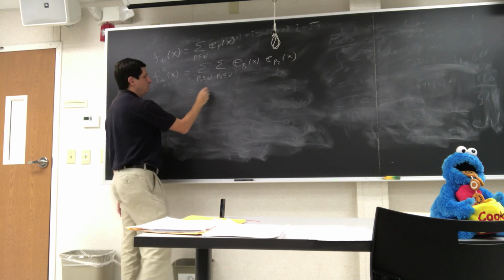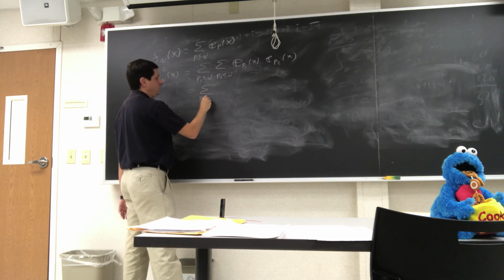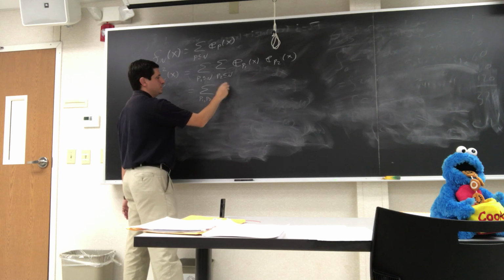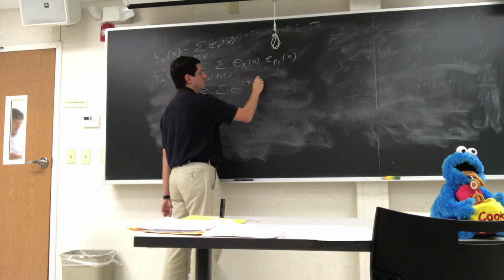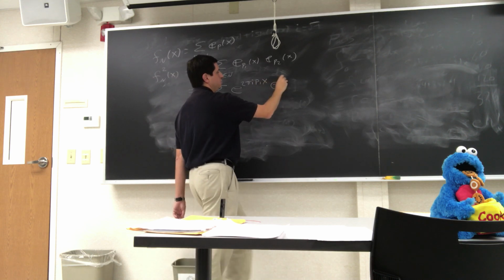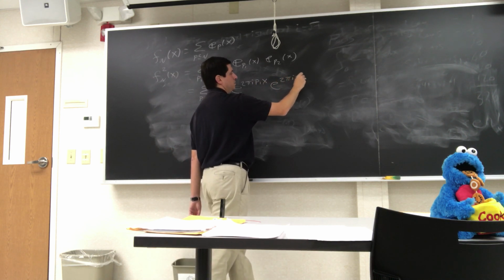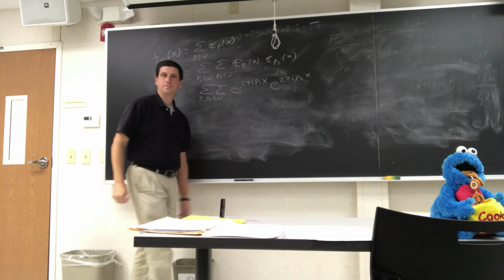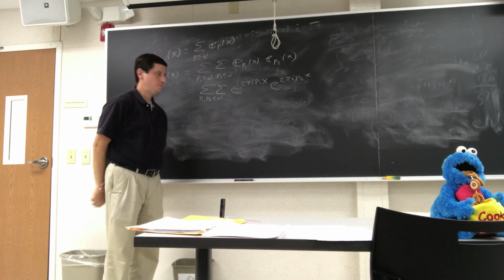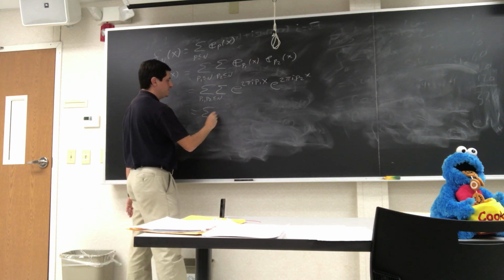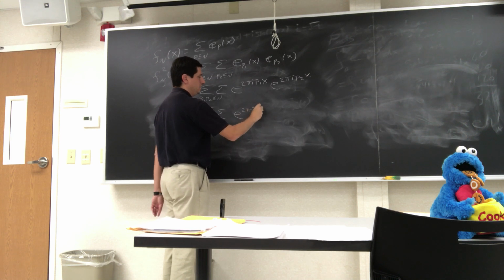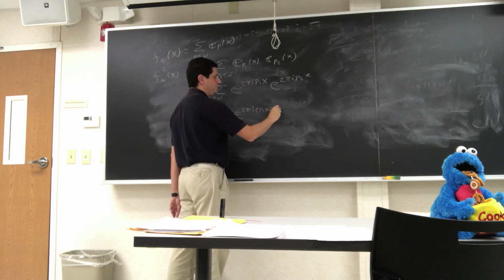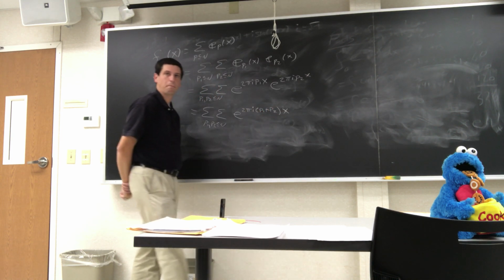Well, writing this out, it's a double sum over p1, p2 less than or equal to n, and then I have e^(2πi p1 x) e^(2πi p2 x). Right? This is the same as the sum over p1, p2 less than or equal to n of e^(2πi(p1+p2)x).